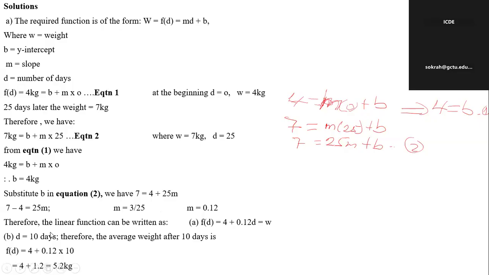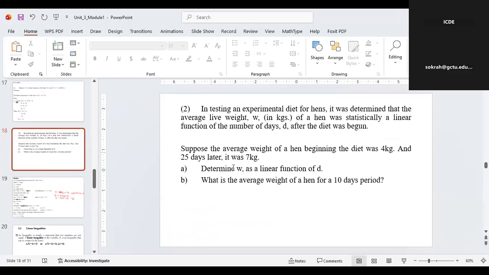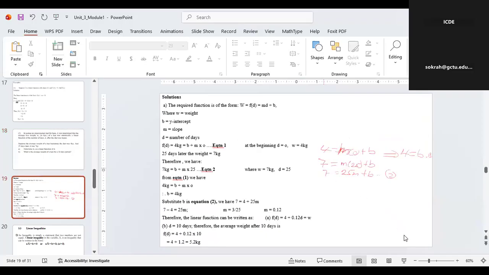Therefore, the linear function can be written. Let me take you back to the question. The question says you should determine W as a linear function of D. So let's write the linear function.